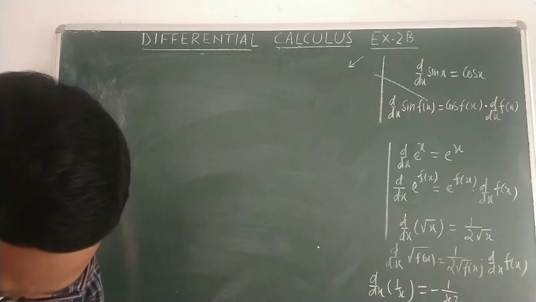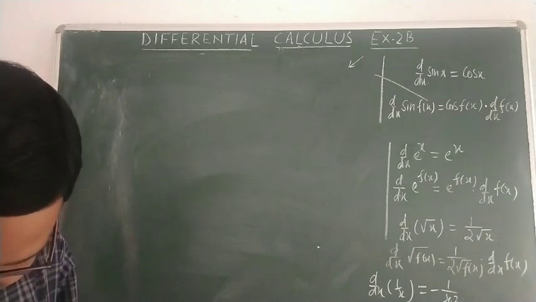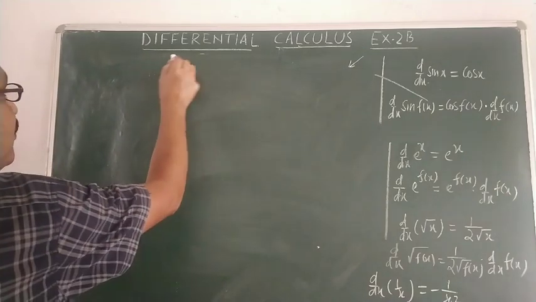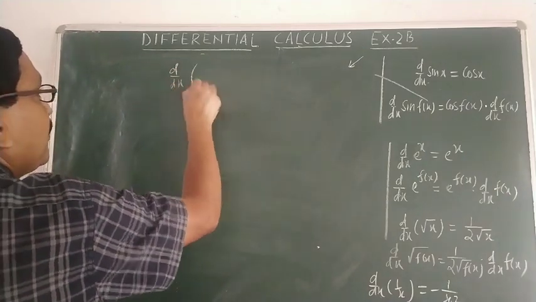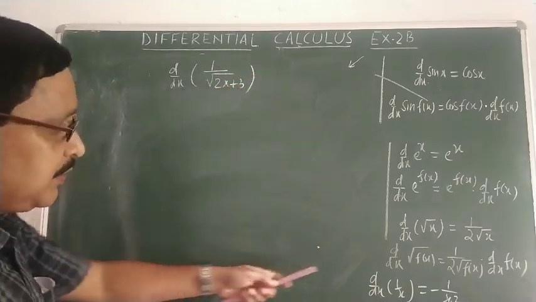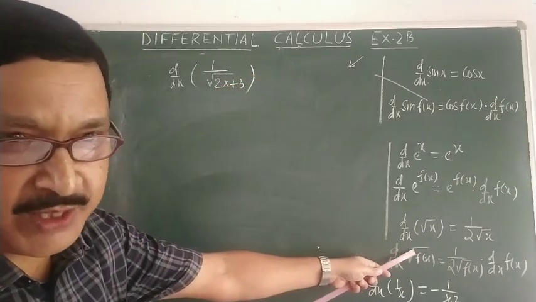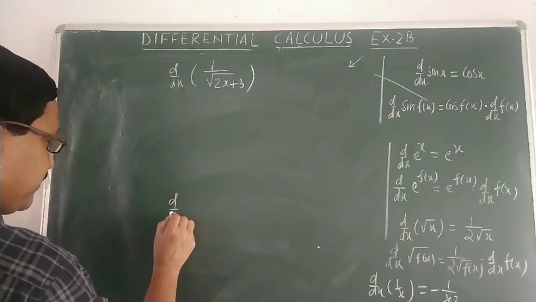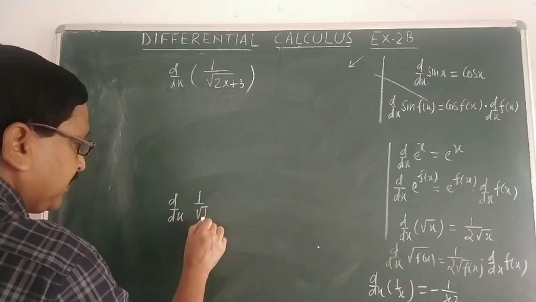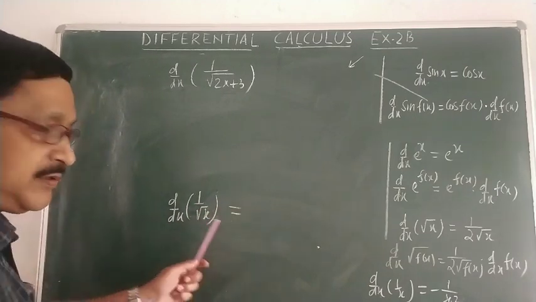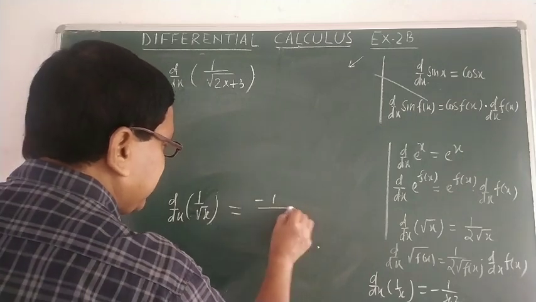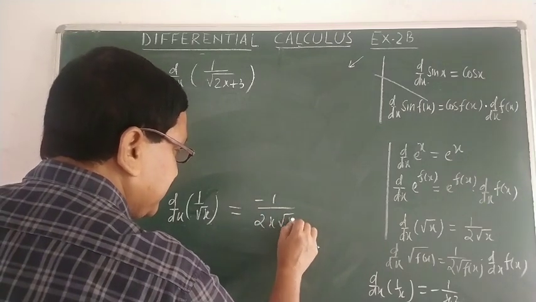Starting another question, number 11, d by dx of 1 by root of 2x plus 3. Now this is only for root x, but d by dx of 1 by root x, remember this ready-made, I have suggested you, is minus 1 by 2x root x.